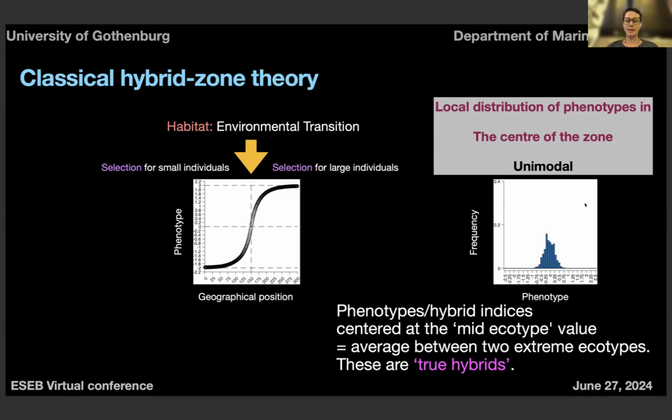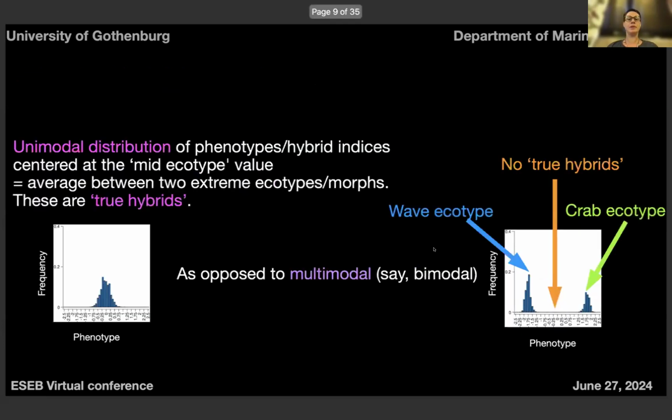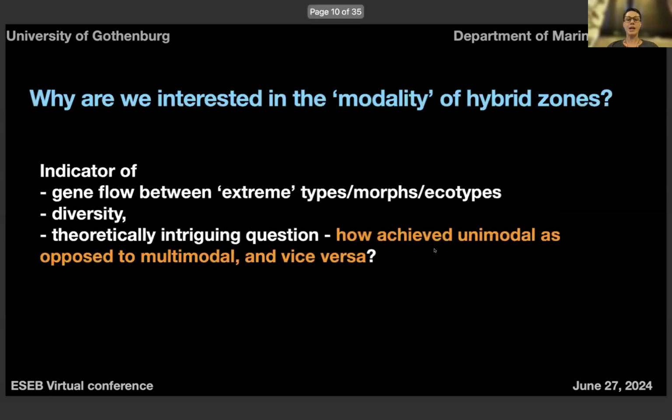This is as opposed to a multimodal distribution, shown here on the right. You have individuals representing the small individuals on the left, that I call the wave ecotype, just to go back to this snail example. On the right, you have a crab ecotype, but nothing in between. So we don't have true hybrids at all. So why are we interested in the modality of hybrid zones?